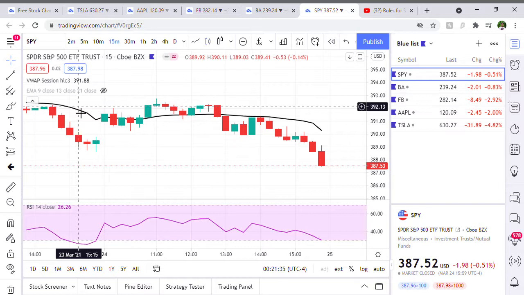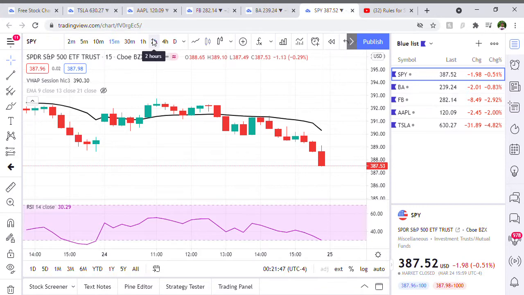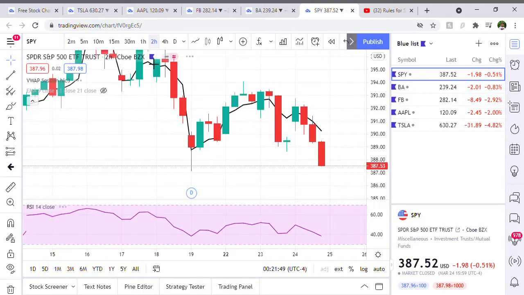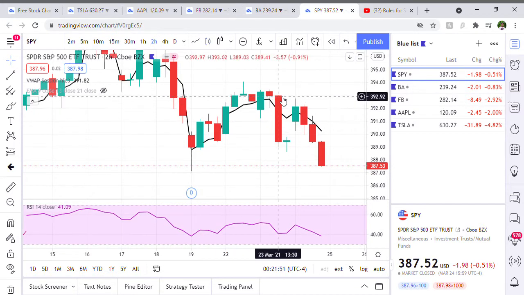So I am not looking for a bull trade or a call trade on SPY as of now. Till when? Till it goes above 393.5. Let me go back here. This candle is 393. Till it goes reasonably above this line, 393.50, I am not searching for a bullish trade.